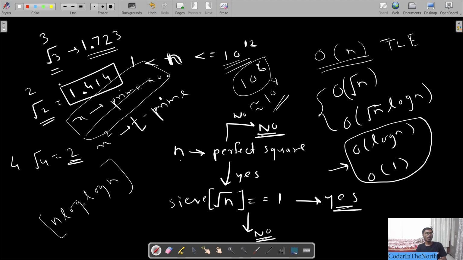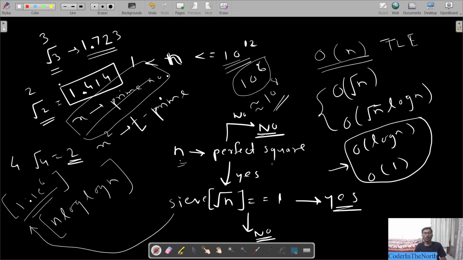Now what do we have? We have a whole vector of size 1 to 10 raised to 6, where the index tells us whether the number is prime or not. With that data, for every n, we first take its square root and check its value here, and we'll print out the answer.